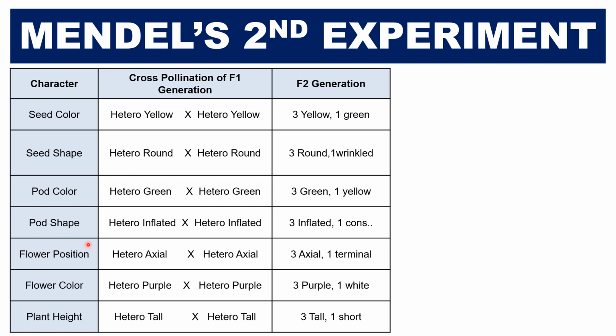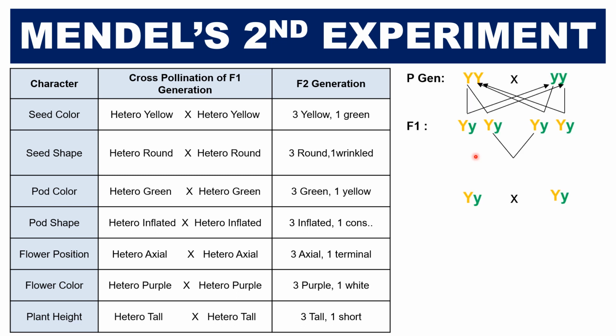Let us try to see the segregation of alleles in Mendel's second experiment. Here, I am also showing you the result of the first experiment where we have gotten the parents for our next cross.